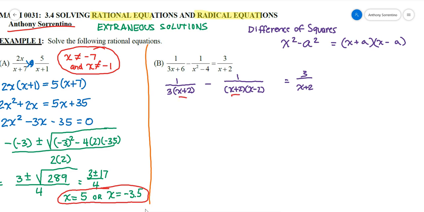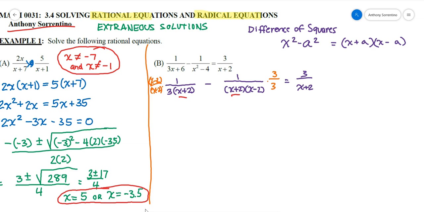I can see that. However, the one has an x minus 2, while the other one doesn't. The other one has a constant of 3 being multiplied, while the other one doesn't. So for me to get a common denominator, I'm going to multiply this by 3 over 3 to get the 3 times the multiplication of 3 down here. This one I'm going to multiply by x minus 2 over x minus 2.